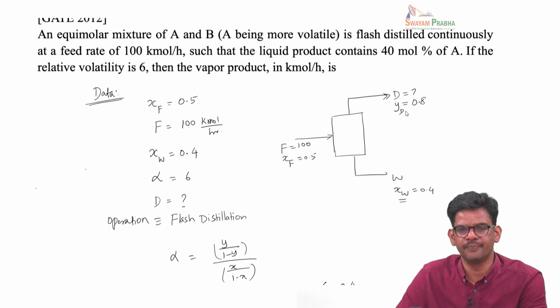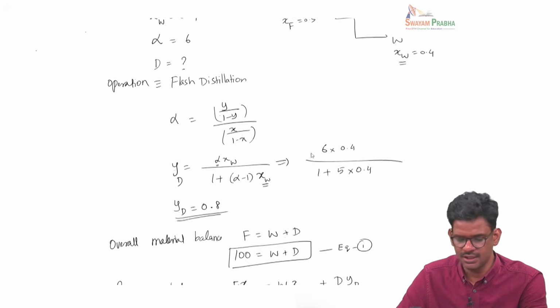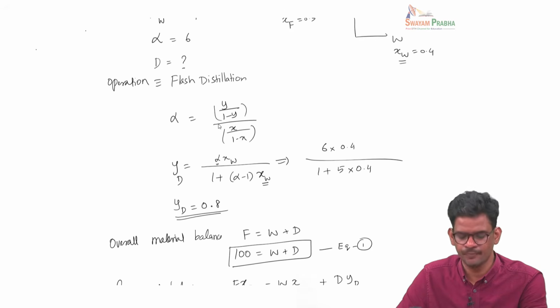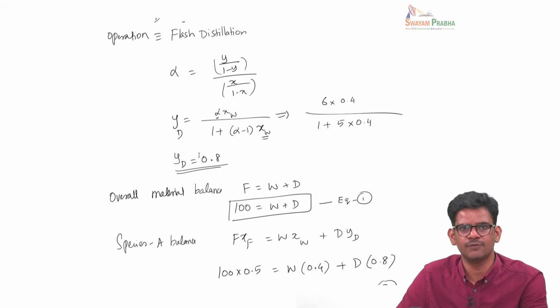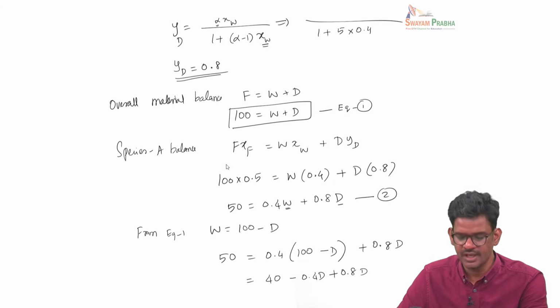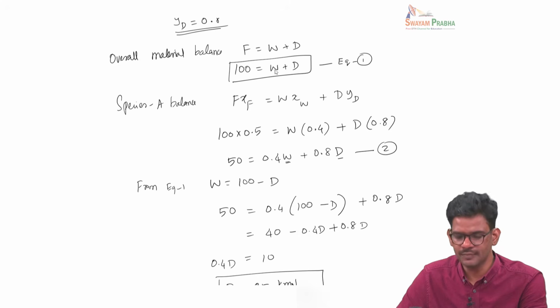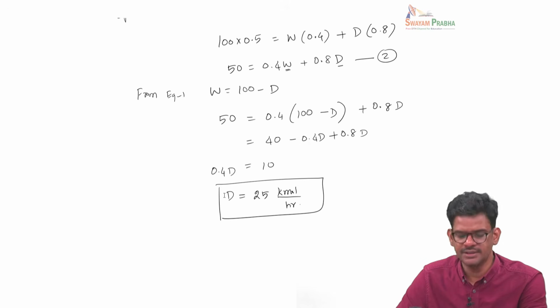That is the important concept in flash distillation, and we use the relative volatility, which is constant, to relate the vapor phase composition Y and the liquid phase composition XW, and based on that we obtain the composition of the vapor as 0.8, and then using an overall material balance and the species material balance, we have 2 equations and 2 unknowns, and from here we can eliminate W and get the distillate, the product, as 25 kilomole per hour.